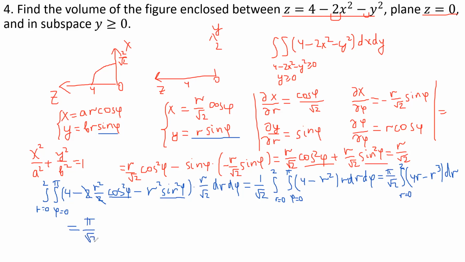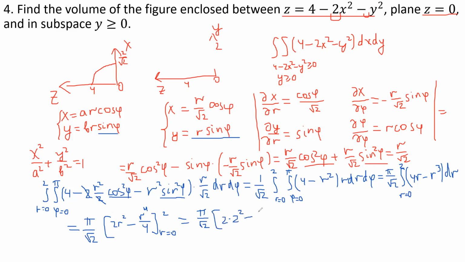Phi over square root of 2, then we have 2r squared minus r to the power of 4 over 4, and r will be from 0 to 2. So we don't need to substitute r equals 0 because it will turn everything to 0. We need only to substitute r equals 2.